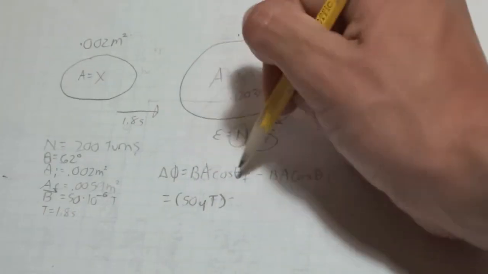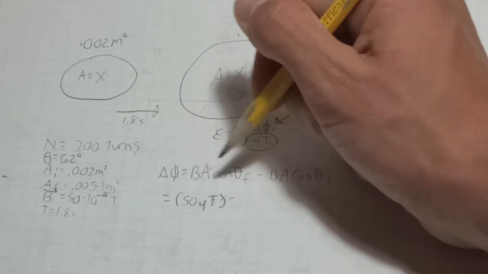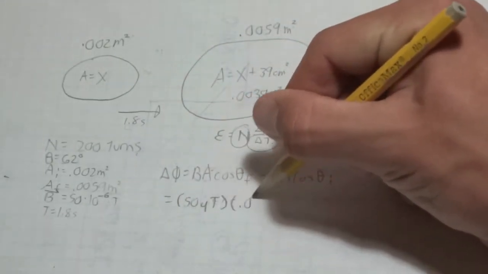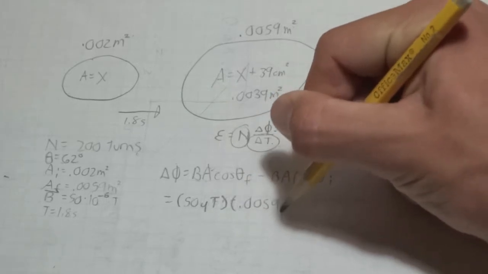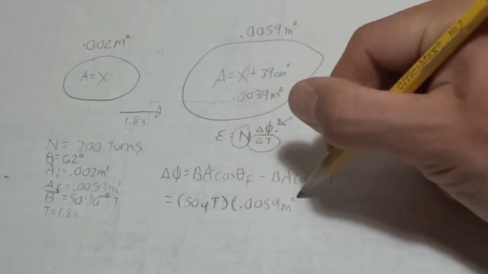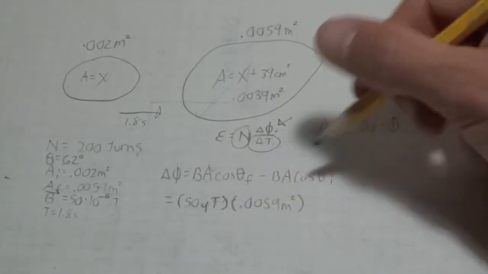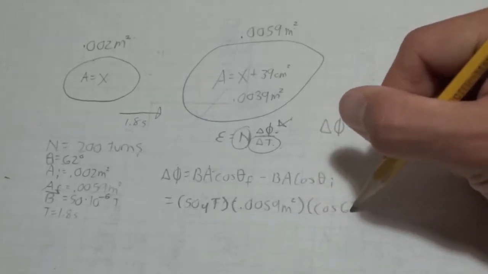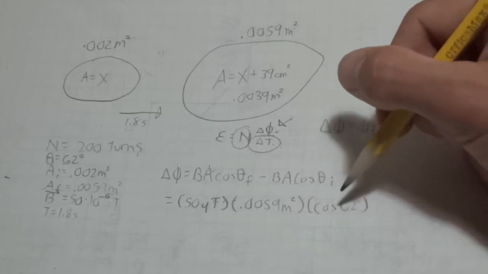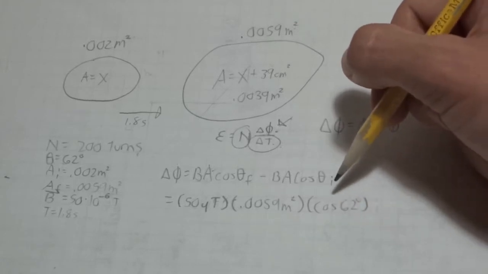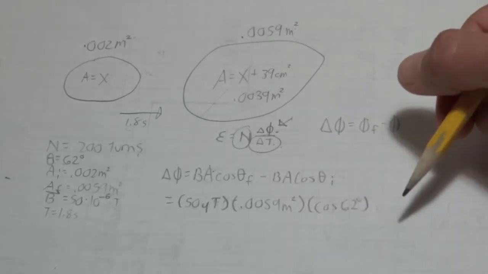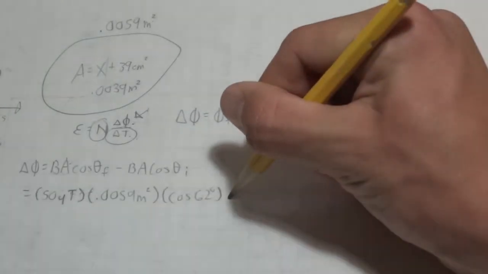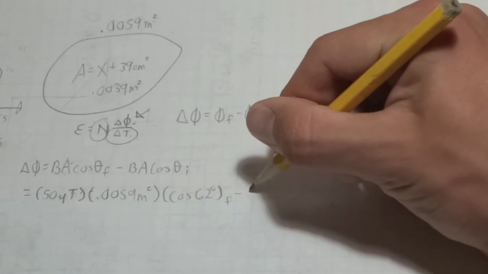The area final, again, we figured that out ourselves, is 0.0059 meters squared. So there's that. And then again, cosine of 62 degrees, because they were trying to trick us with putting that 28 in there, but we know better because we are AP. That is our final minus our initial.